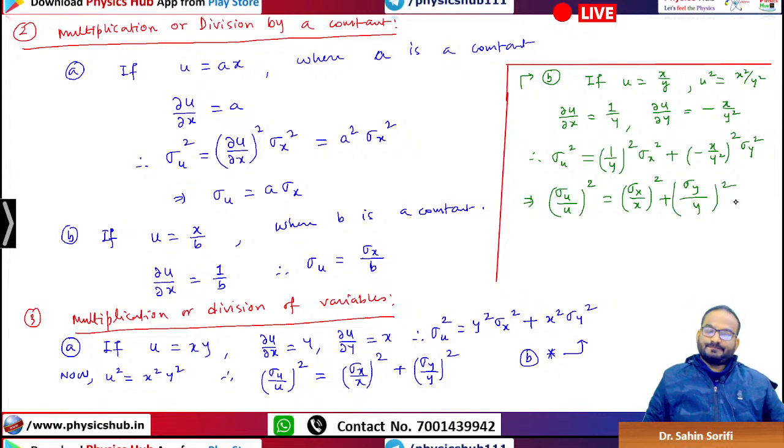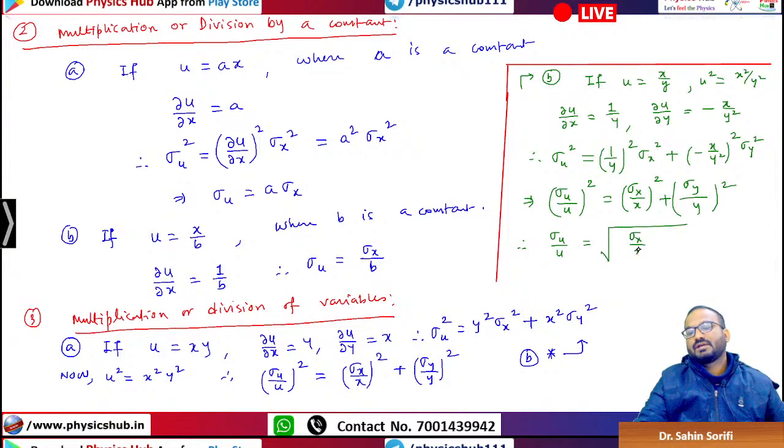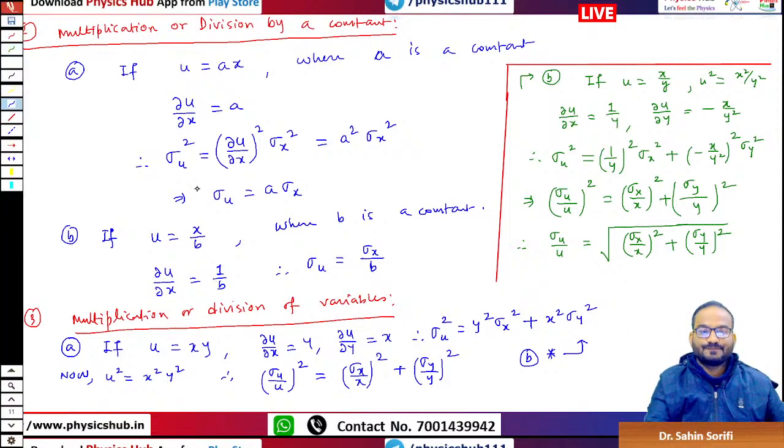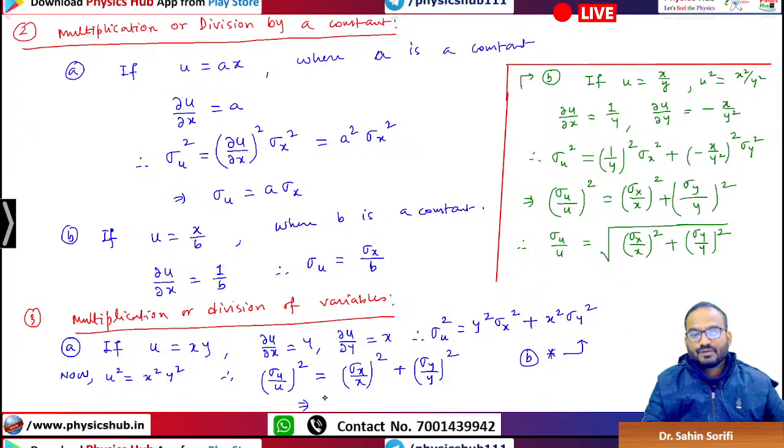Sometimes they ask you what is the error in the measurement of u, percentage error. In that case, you can take the square root of sigma x by x whole square plus sigma y by y whole square. Most of the questions come from this particular case in your examination. Sigma u by u is the square root of sigma x by x whole square plus sigma y by y whole square.